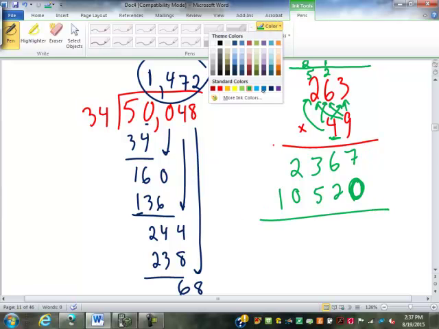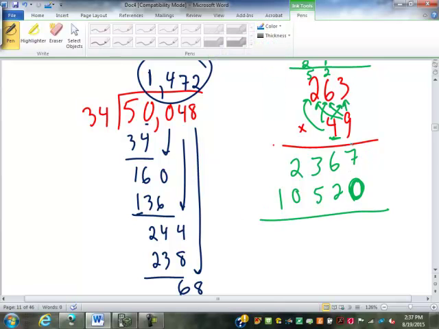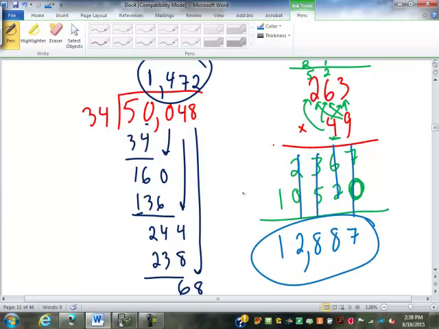And then add. 7, 8, 8, 2, and 1. 12,887. Anybody have both of those right before I did them?